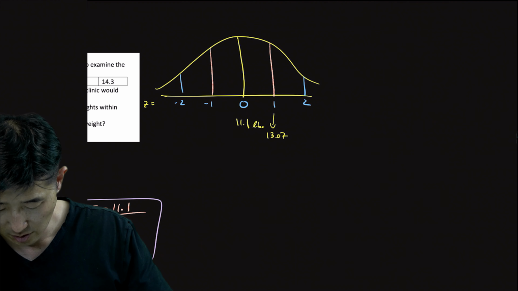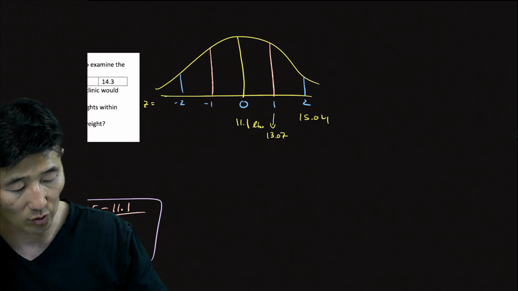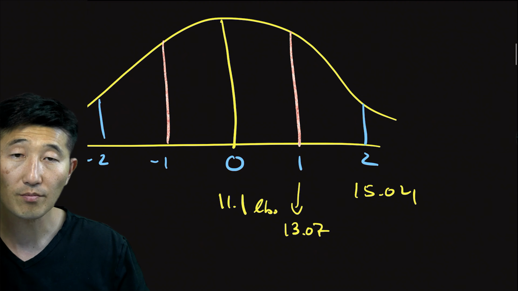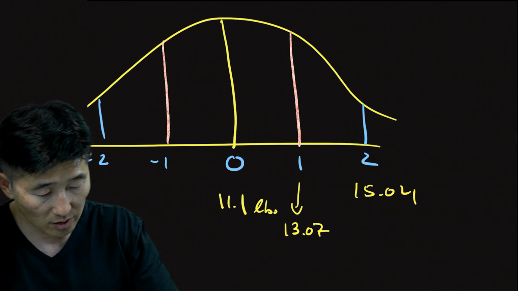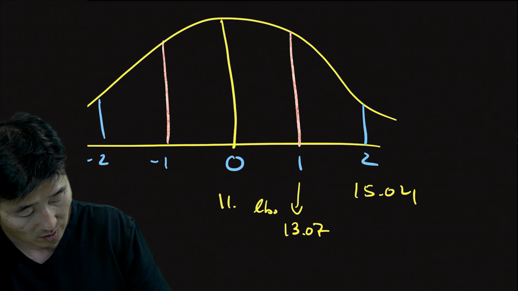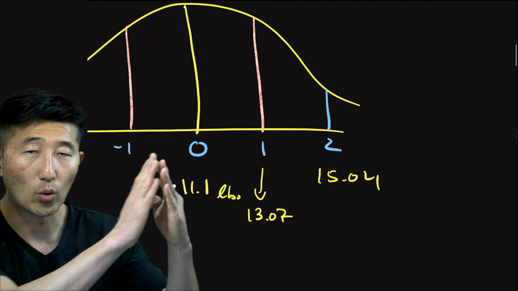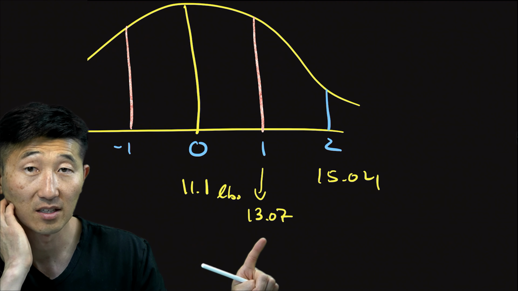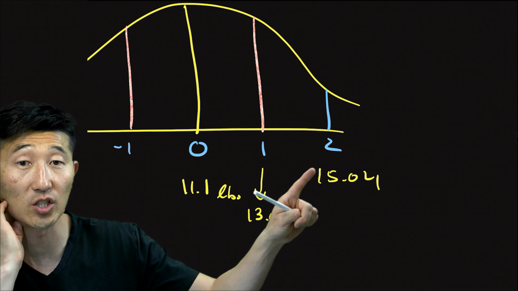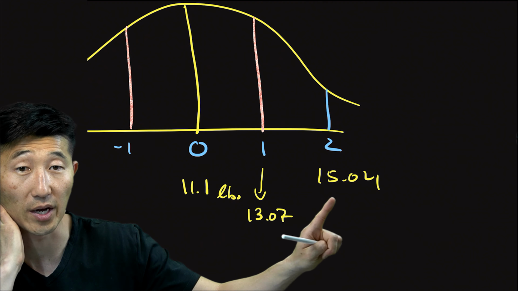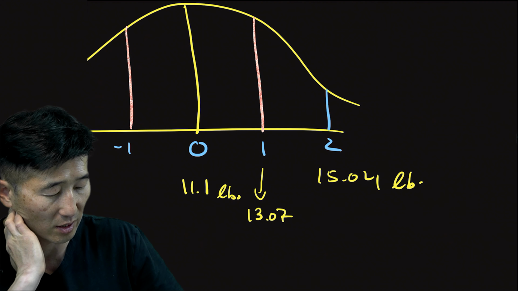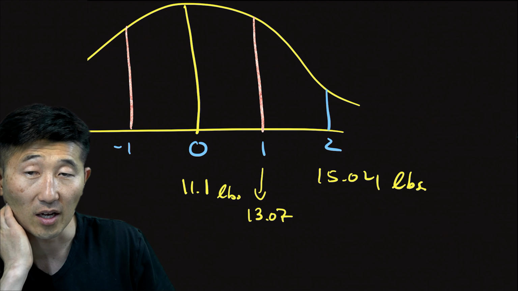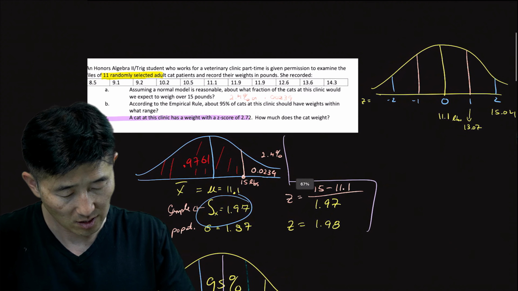So 15.04. Okay, so the mean is 11.1. If you're 1 standard deviation away, you would weigh 13.07 pounds as a cat. If your z-score is 2, you will weigh 15.04 pounds. Now, what's the z-score we're looking at?